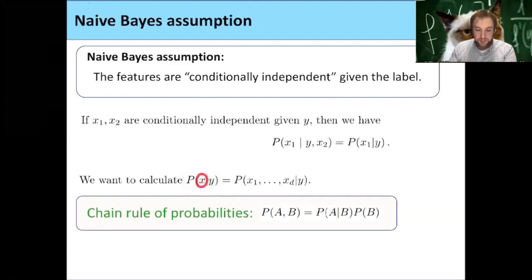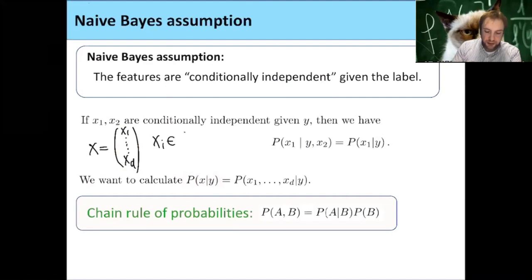So x is our email, and this is given by this vector here. And these x_i can be either 0 or 1. So each position corresponds to a word in the dictionary.